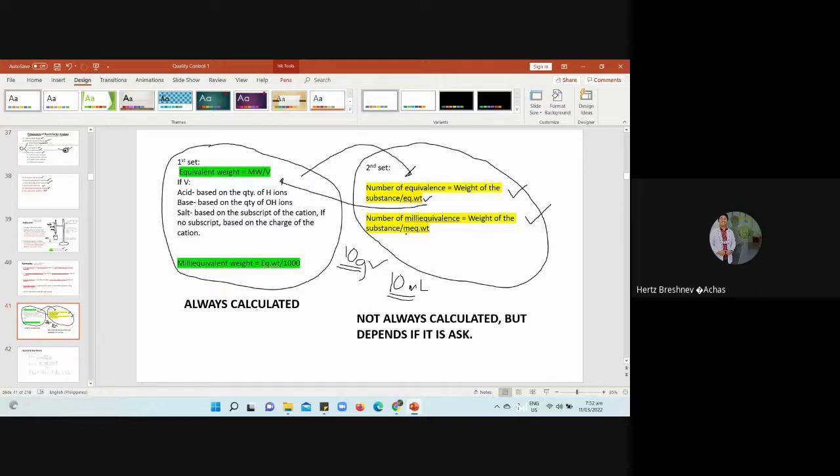There is also a portion where you need to find first the milliequivalent weight, which you calculate using this formula. And you cannot attain this answer without doing this formula. And what is the most vital there? Molecular weight. So if there is no molecular weight, you have none of these.